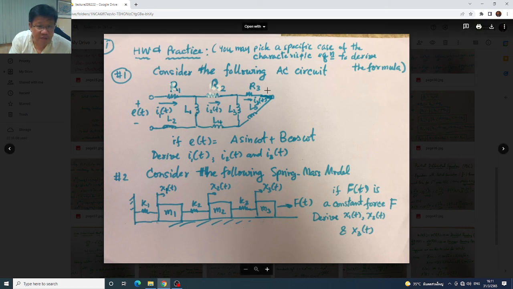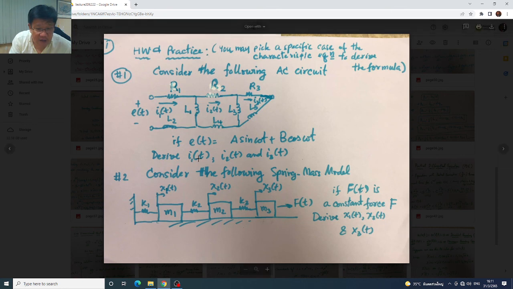This first problem, the alternating current circuit. Okay, you have no capacitor. You have 5 inductances, L sub 1, L sub 2, L sub 3. Therefore, the resulting equations to find, you have 3 responses.